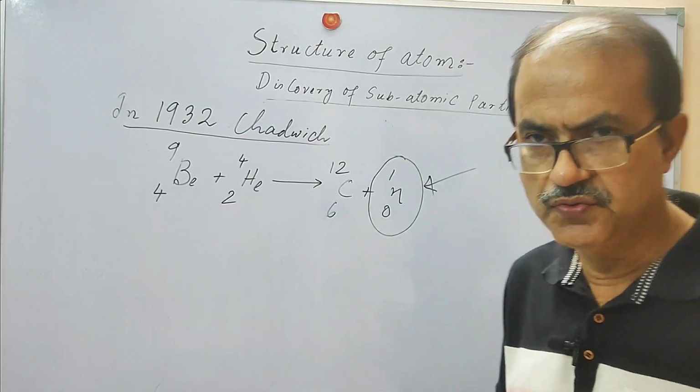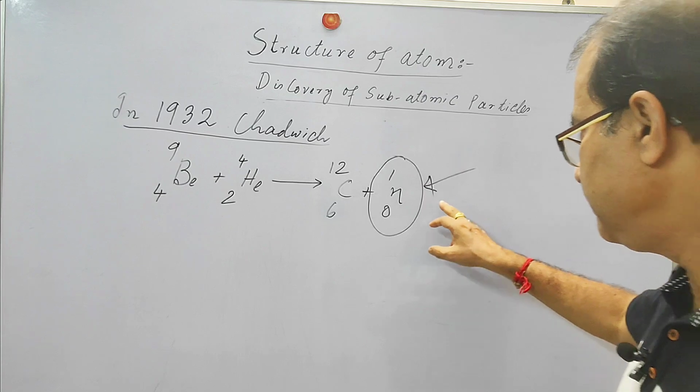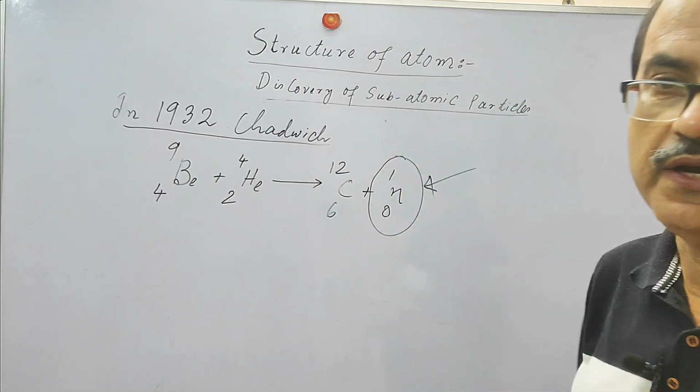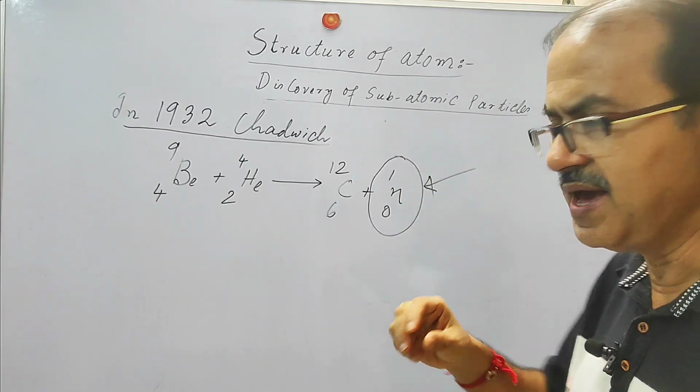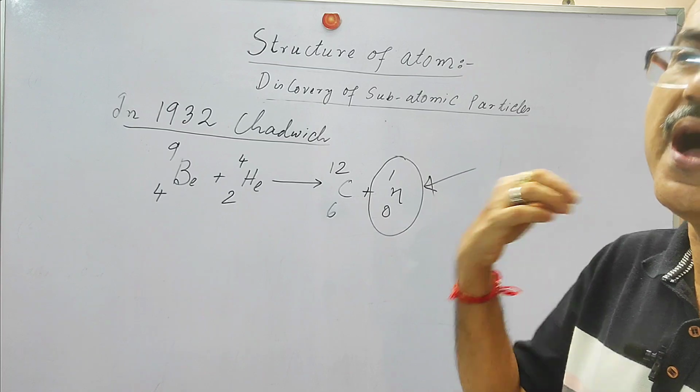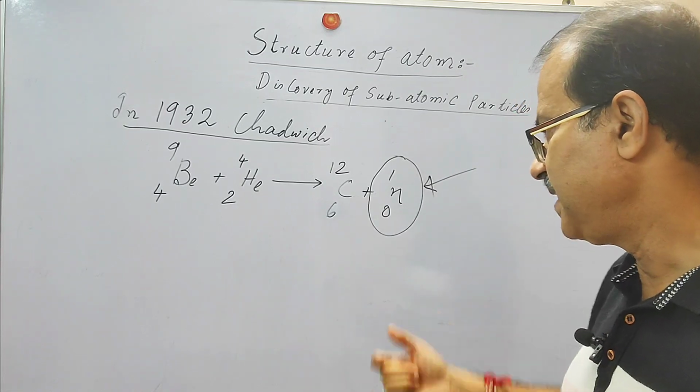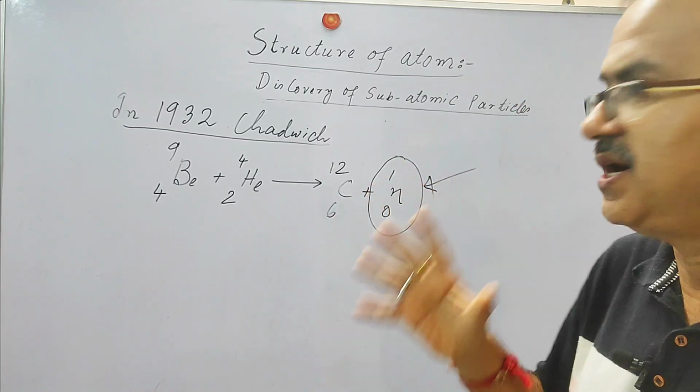That particle is called the neutron, and this neutron has a slightly higher mass than the proton but has no charge.